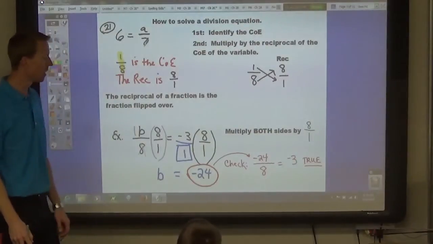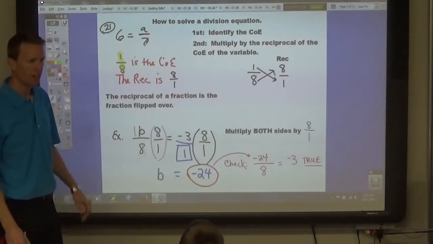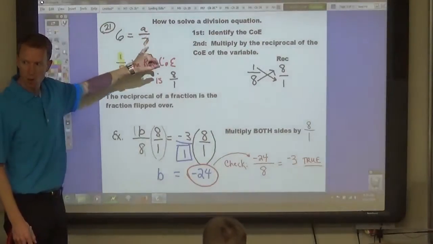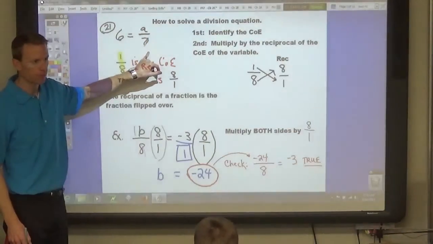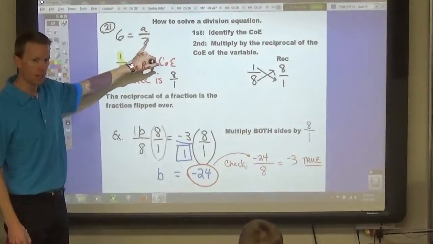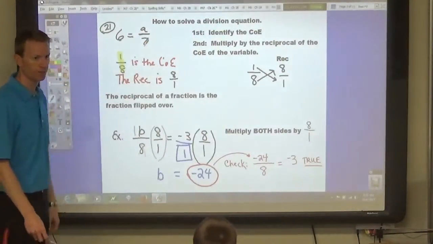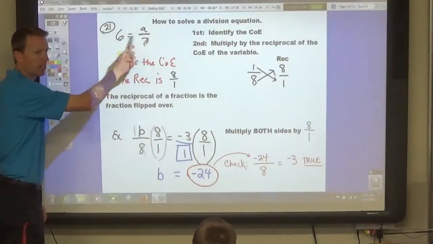This is one from your assignment sheet. Okay? So, we don't have 7A, we have a variable over a number. A over 7. Alright? This is a division equation. This is A divided by 7 equals 6, right?